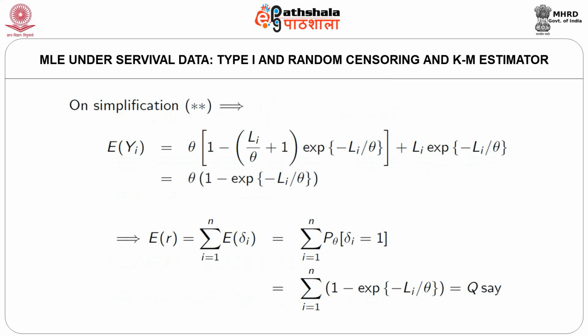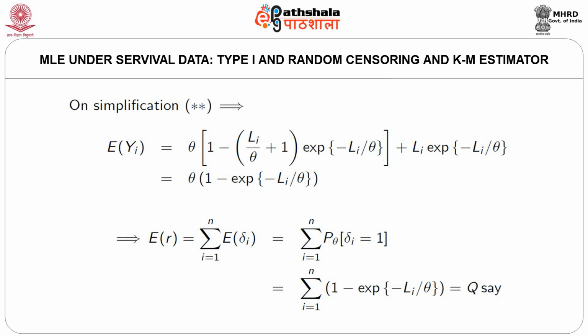Hence, double star gives, on simplification, that expectation of yi equals theta into 1 minus e to the power minus Li by theta. Now, without loss of generality, we can write r equal to summation from i equals 1 to n of delta i, because we know the summation of delta i over script A complement is actually 0.